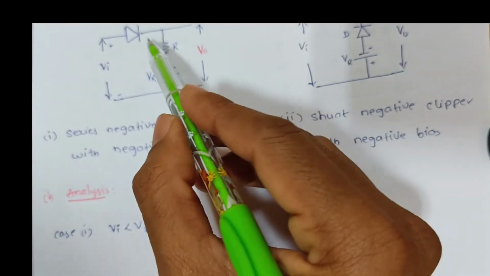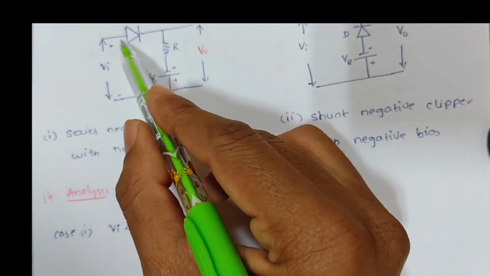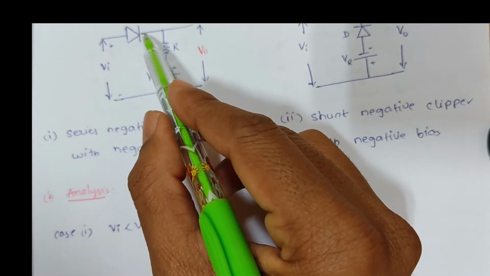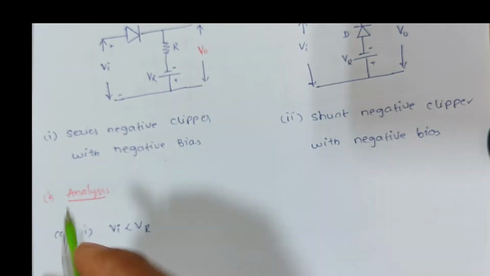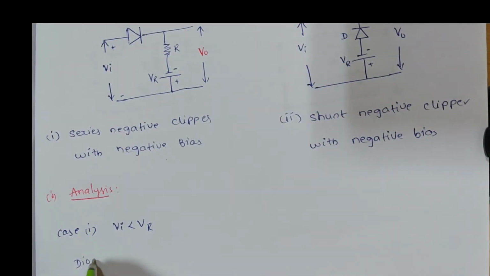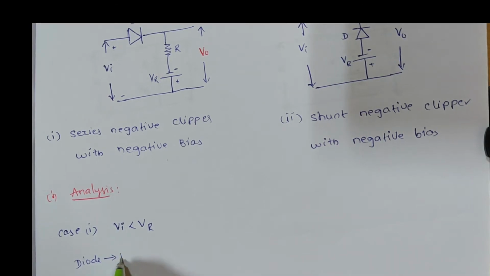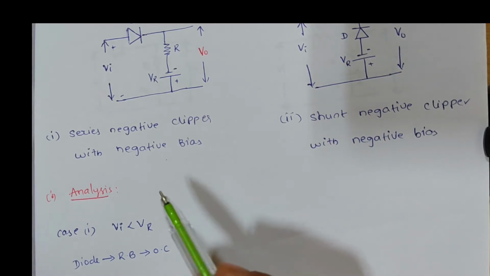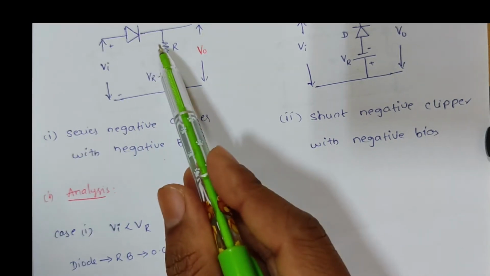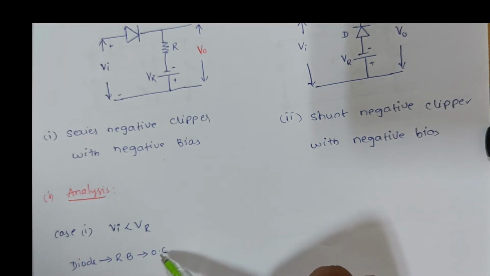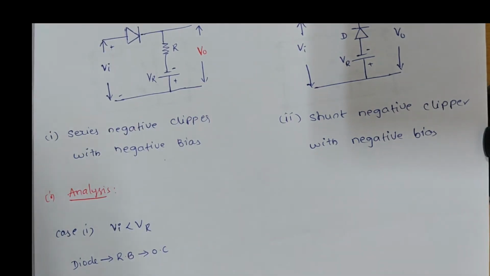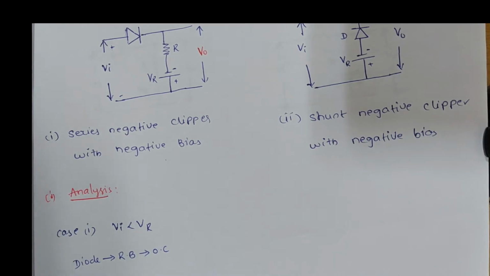The cathode potential is more compared to the anode potential, so the diode is reverse biased and it is acting as an open circuit. Then we can draw the equivalent circuit like this.